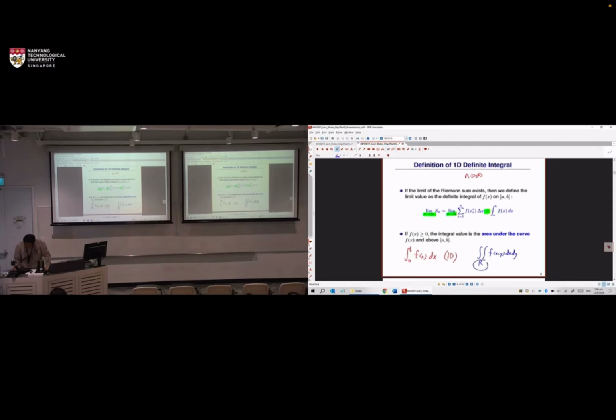R is the region that you are interested in. Some textbooks will write it this way. The R sometimes is in the center here, sometimes inside here. They are the same, depending on what textbook or software you use. So don't be alarmed if you see such a thing.